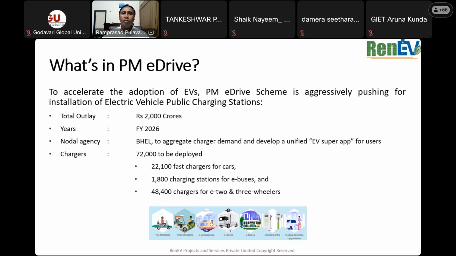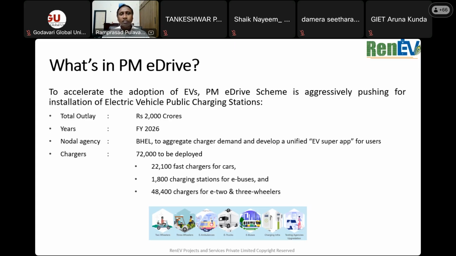So what Government of India is doing is they have given the project management responsibility of building the EV charging infrastructure in India to BHEL as one nodal authority. And they have also given the responsibility to BHEL to develop an EV super app, so that any consumer can use the super app to go and charge his vehicle from any charging station in India.